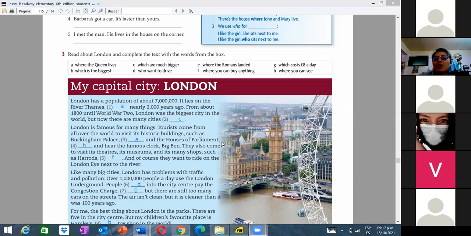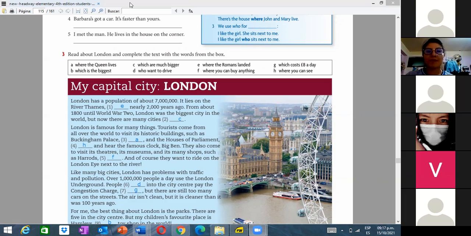Please, the first paragraph, could you read, Kevin? Kevin, please. London has a population of about 7 million.